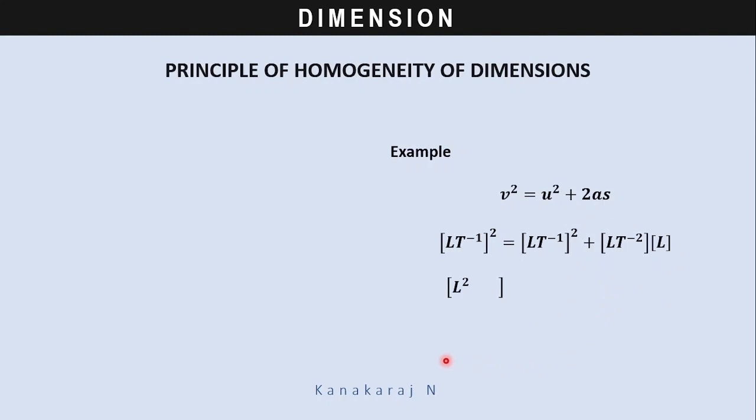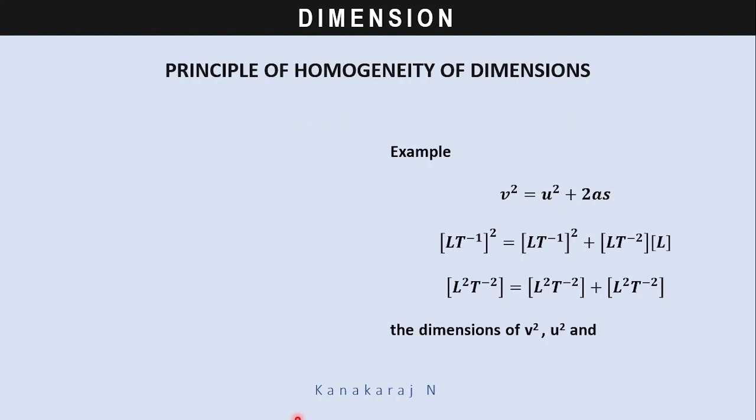So after squaring, we get L square T power minus 2 equals L square T power minus 2 plus L square T power minus 2. So every term on the left and right hand side of this equation has the same dimensional formula. This is what we call the principle of homogeneity of dimensions.